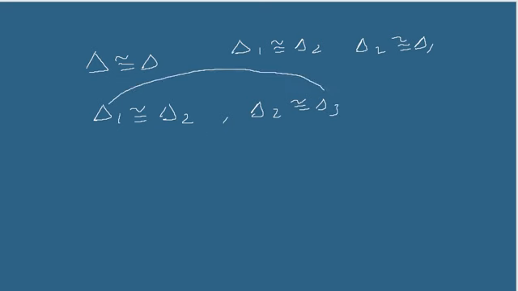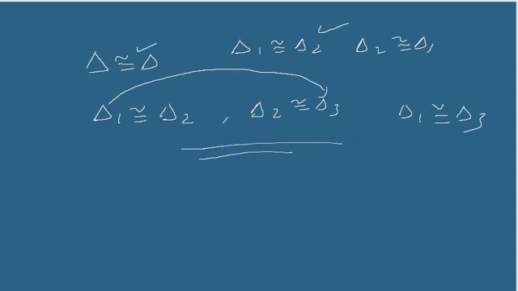Another one, if triangle 1 is congruent to triangle 2, you can say that triangle 2 is congruent to triangle 1. Then, if triangle 1 is congruent to triangle 2 and triangle 2 is congruent to triangle 3, then what you can say about triangle 1 and triangle 3? You can say that triangle 1 is congruent to triangle 3. So if you check, you can see that it is simply reflexive, symmetric, and transitive.